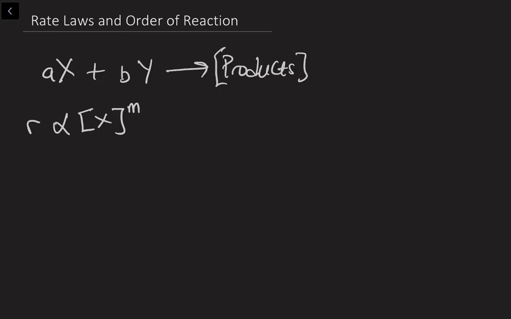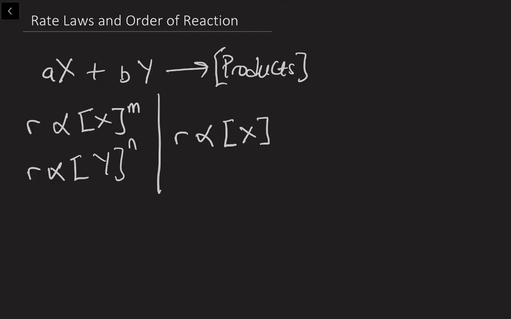We indicate that by writing M. The rate of reaction is also directly proportional to Y to the power N. So we can say the rate of reaction is directly proportional to both the concentration of X to the power M and the concentration of Y to the power N.